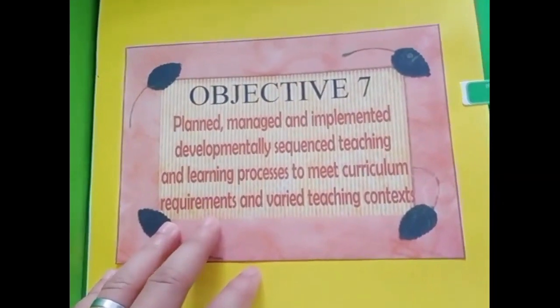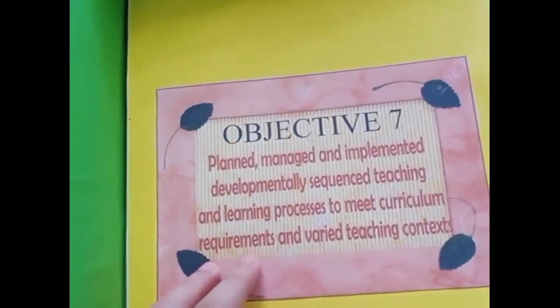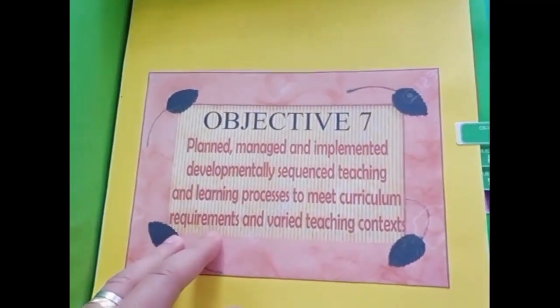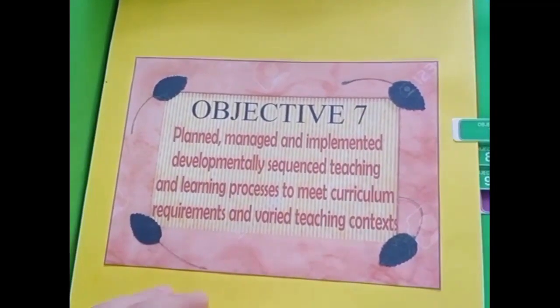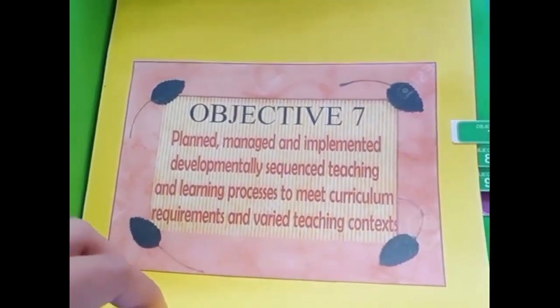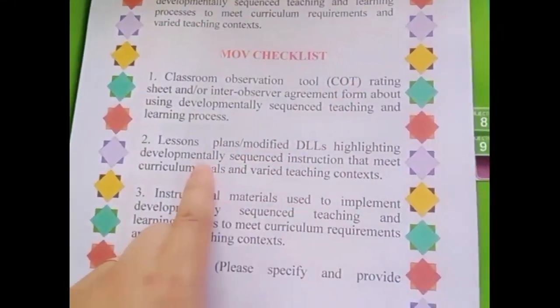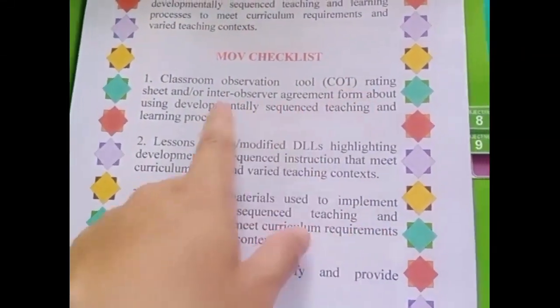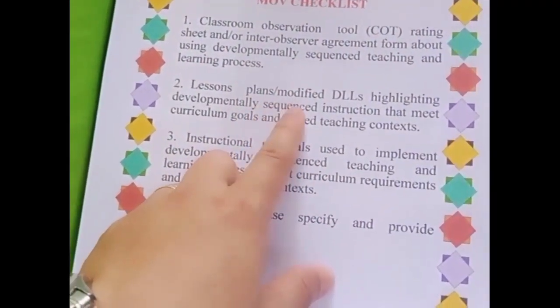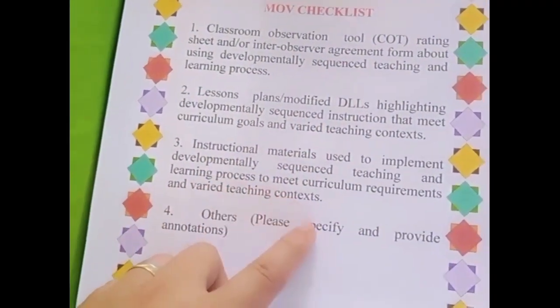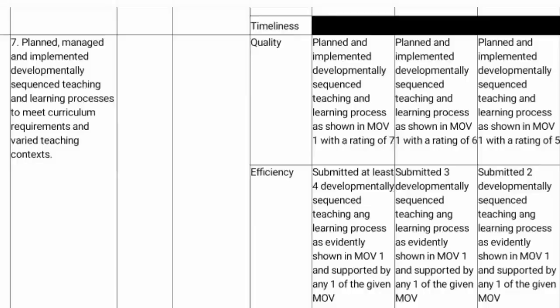So, objective number 7. So, plan, manage, and implement developmentally sequenced teaching and learning processes to meet curriculum requirements and varied teaching contexts. Ano-ano ba ang mga MOBs? So, COT rating sheet ulit, inter-observer agreement, lesson plans or modified DLLs, instructional materials, and others ulit.